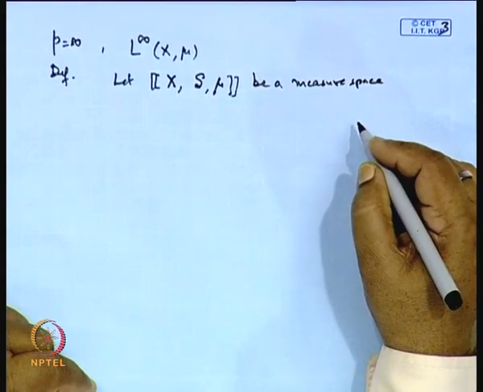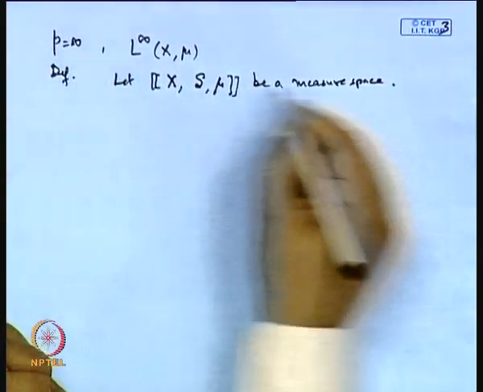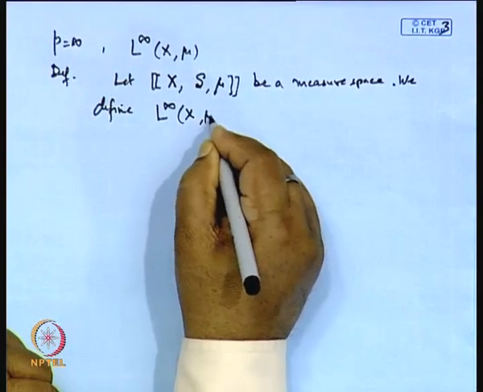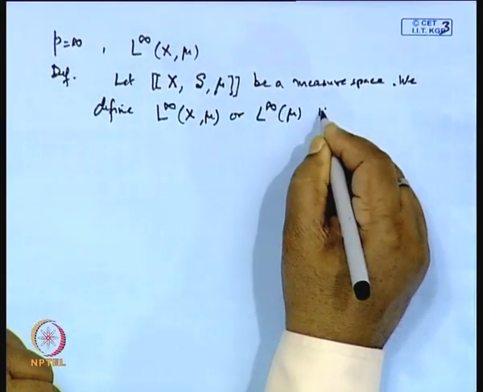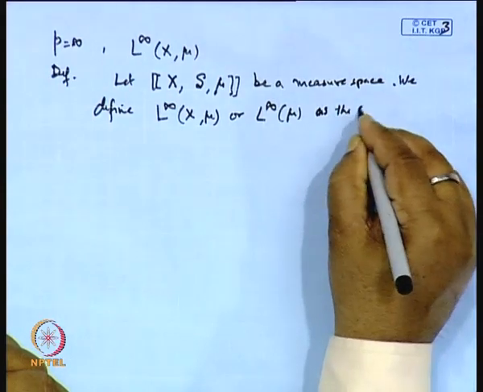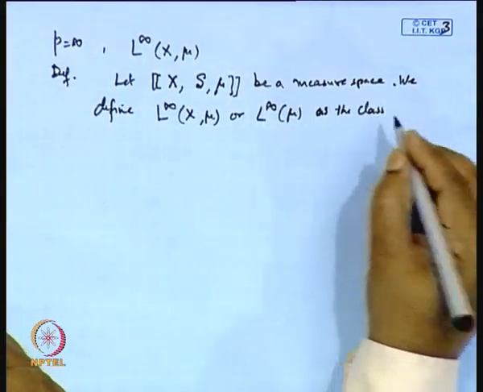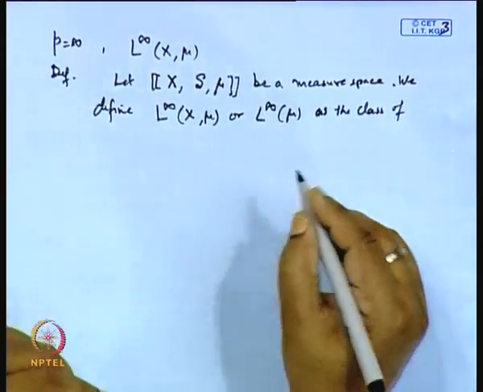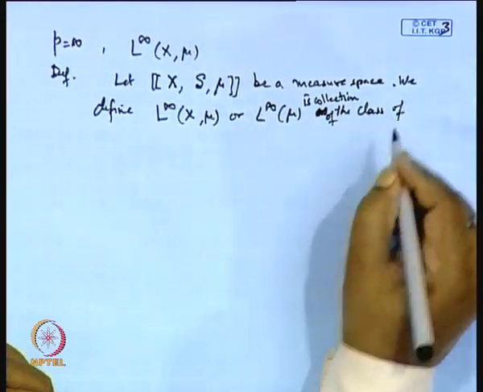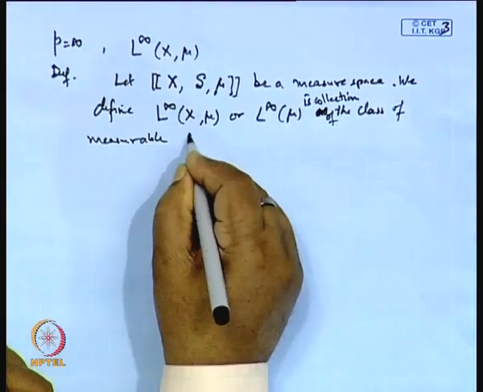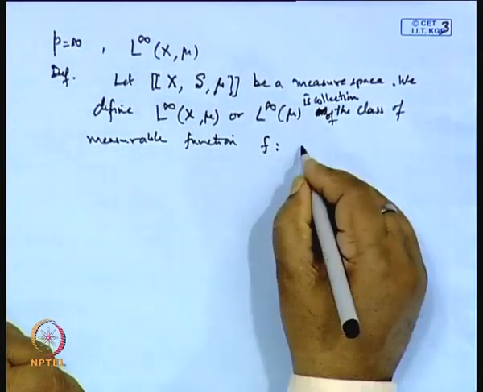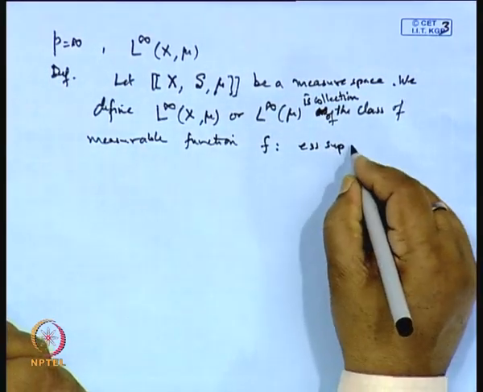We define L^∞ as the collection of the classes of measurable functions f such that the essential supremum of |f| is finite.